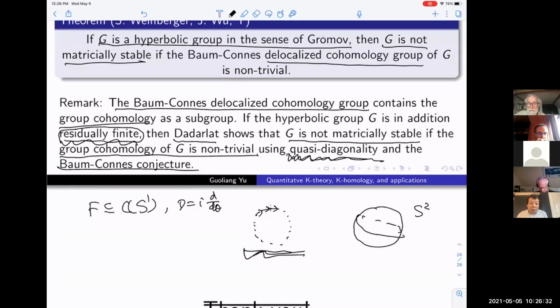So assembly is automatic in this case. But where do we use it? To lift it, you need small propagation. If you have small propagation, you can lift it to the universal cover.